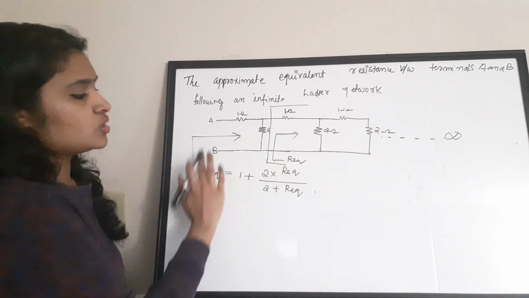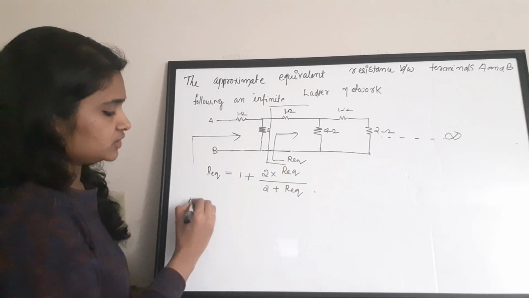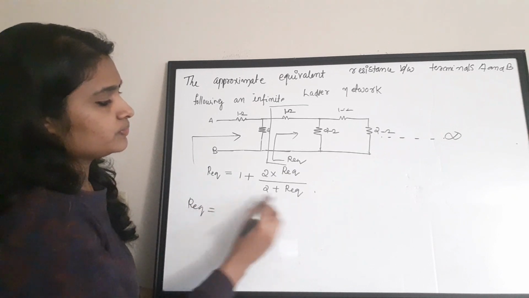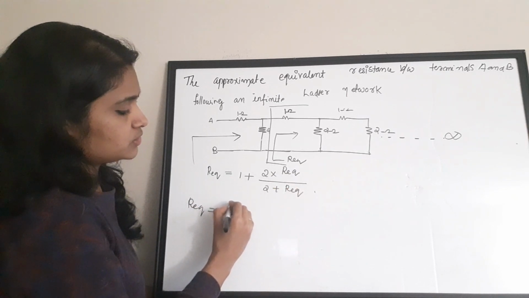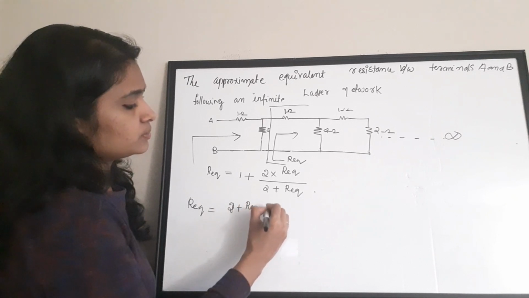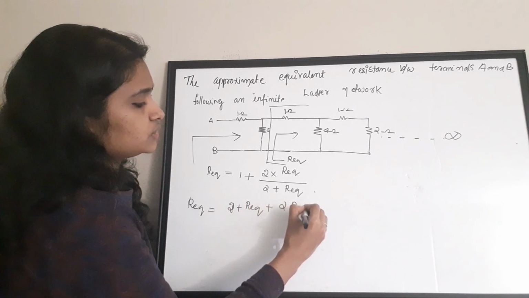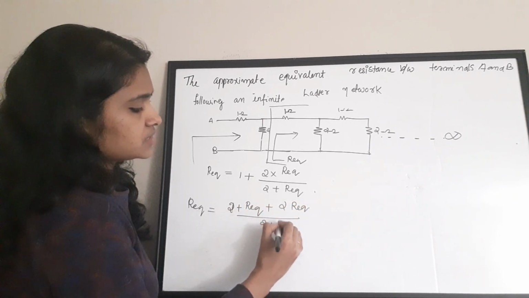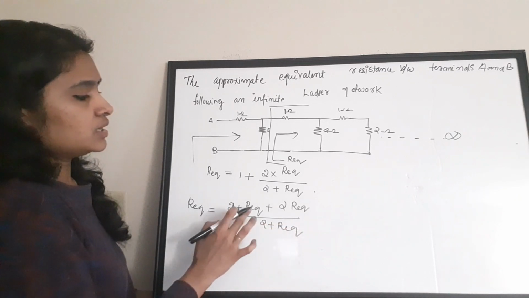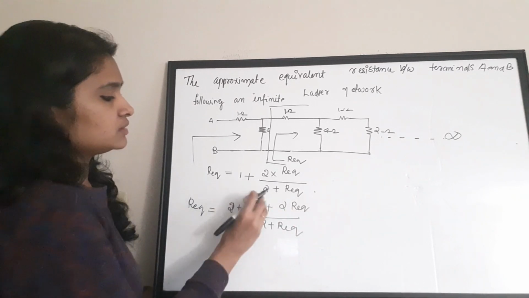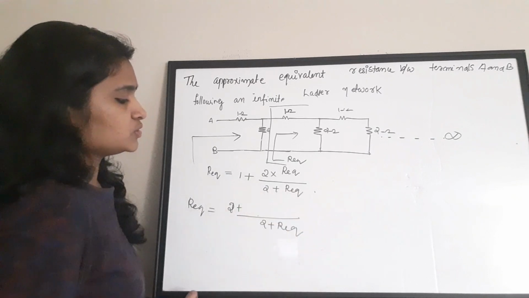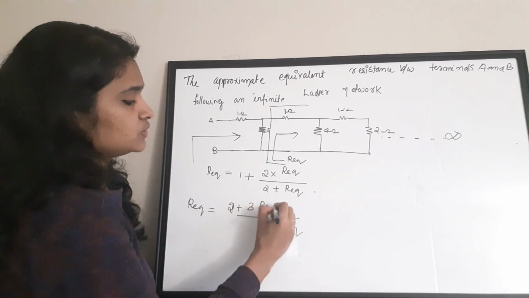Now I'm going to solve this for finding the Req. Req is equal to, cross multiply, 2 plus Req plus 2 Req by 2 plus Req. Req plus 2 Req is 3 Req. 2 plus 3 Req.